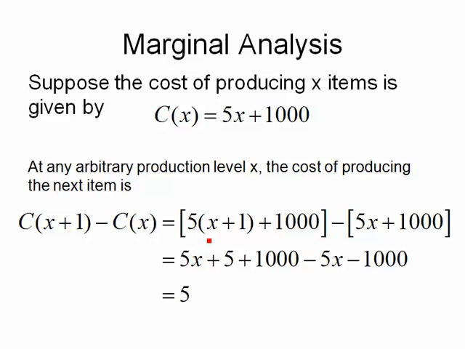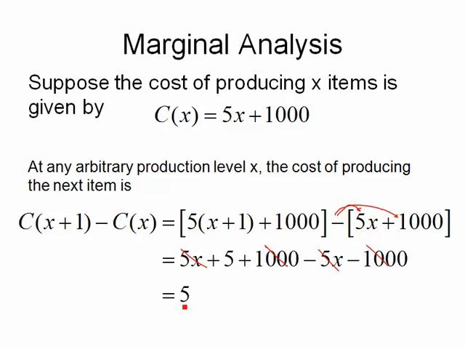So 5 times the quantity x plus 1 plus 1,000. And C of x was just 5x plus 1,000. When I subtract these, I need to remember to distribute my minus. That leaves me with 5x plus 5 plus 1,000 minus 5x minus 1,000. If I simplify, I'm just left with 5.